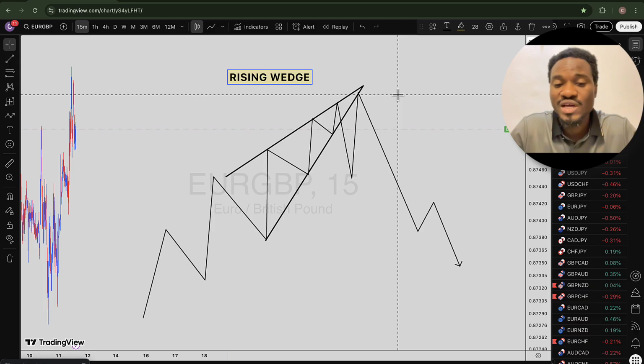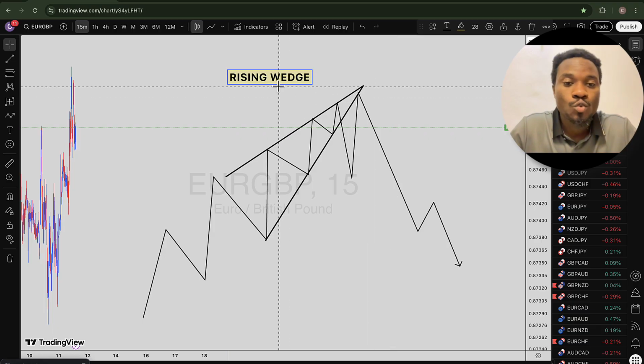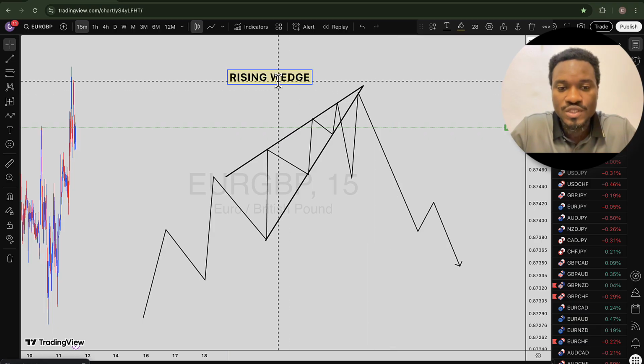Now, the rising wedge can be used in 2 ways, for continuation or for reversal. But majorly when they are used for reversal, when the reversal is confirmed, it does lead to a very long push in the market. Right now, we can as well use this for the continuation of a downtrend market structure.